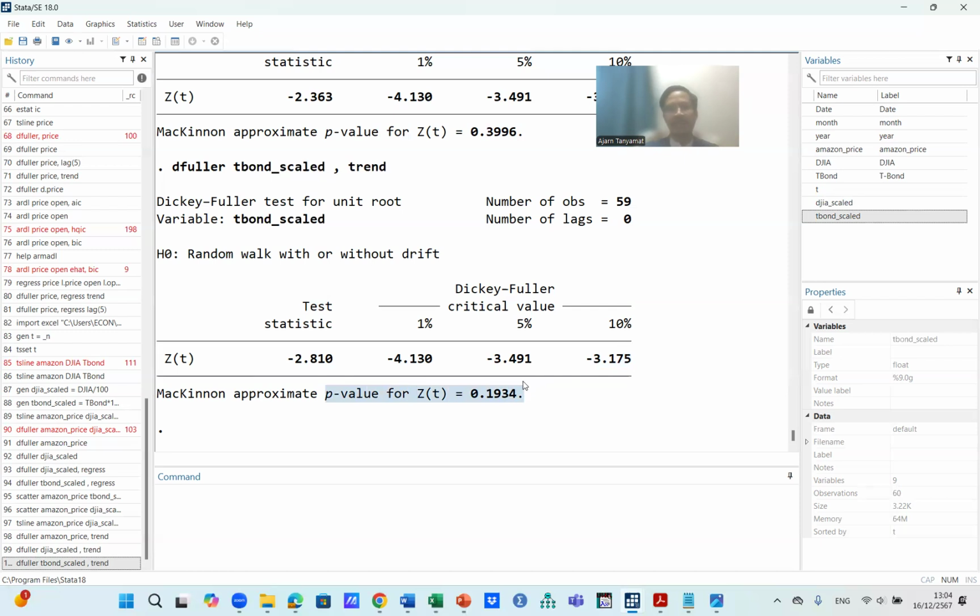So for trend stationarity, all three variables are non-trend stationary. So even if we control for trend, the regression result will still give us spurious results, concluding relationship even when there is not.